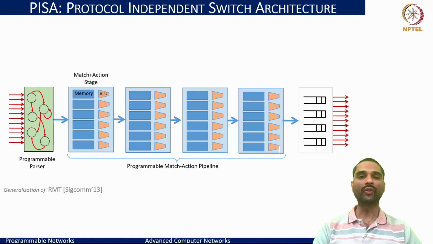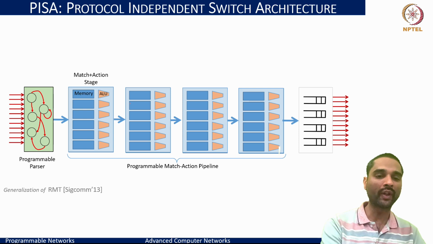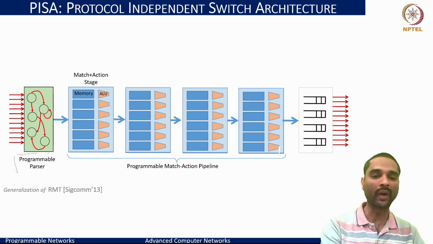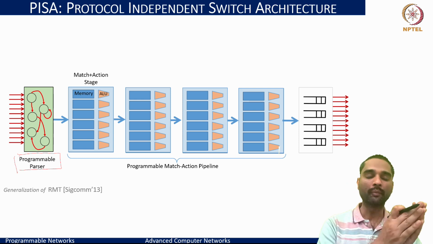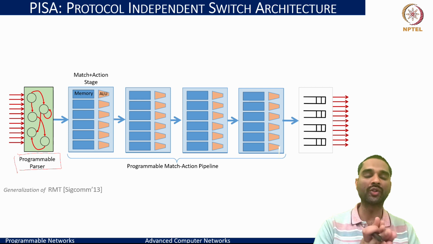And to do this, this is where the protocol independent switch architecture, or PISA, comes in. We will look into this in much more detail, but to understand in a nutshell, we are now defining a programmable parser. That means a user can dictate what packet headers should be matched.